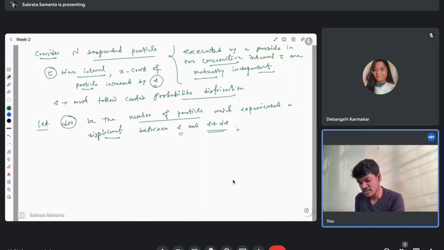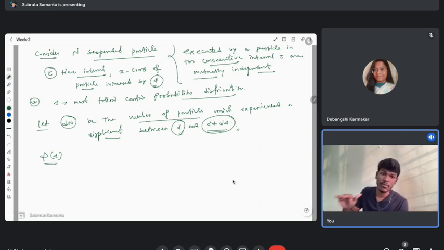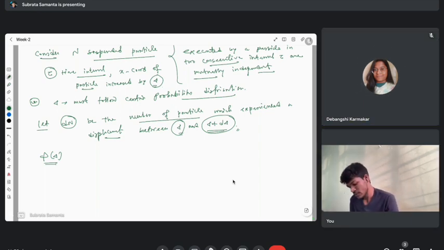So we consider this range, delta to delta plus d delta, and ask how many particles increased x within this range. So delta must follow a certain probability distribution, which means we get a probability distribution phi in terms of delta. For different values of delta, we know how many particles there are, so this gives the distribution of the particles.